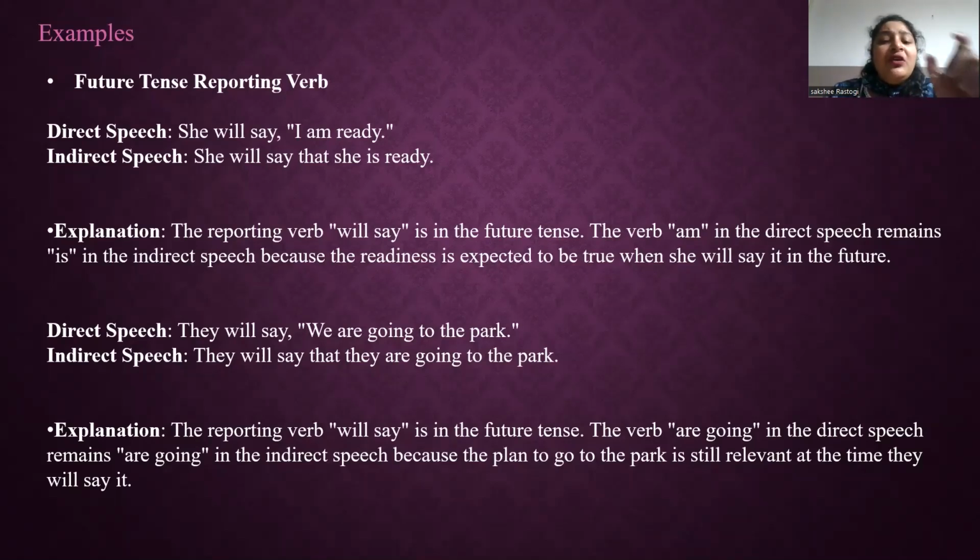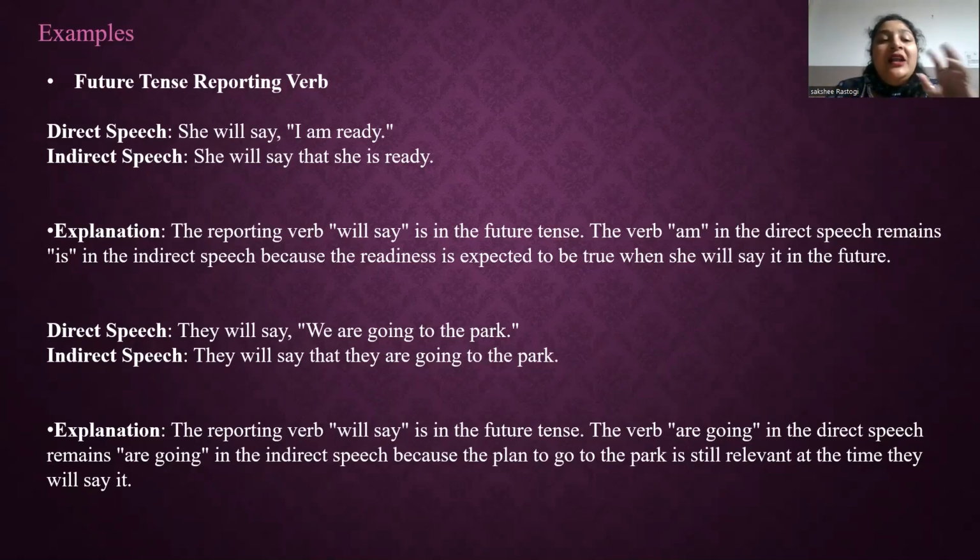So the future tense reporting verb is formed using the auxiliary verb, which is will or shall in some cases, plus the base form of the main verb, and the subject-verb agreement rules apply as usual.